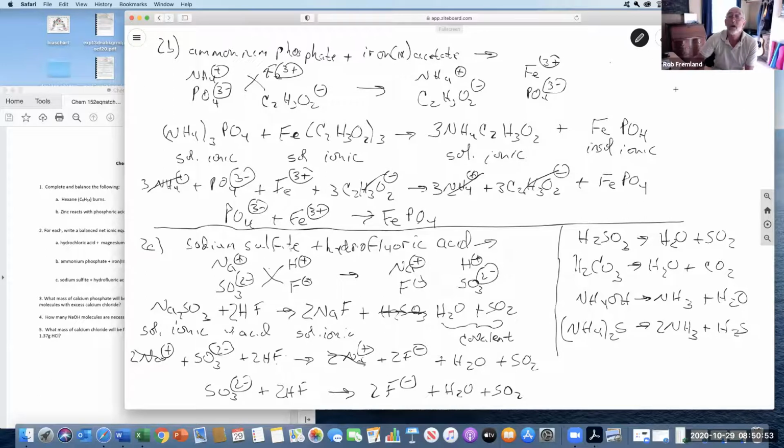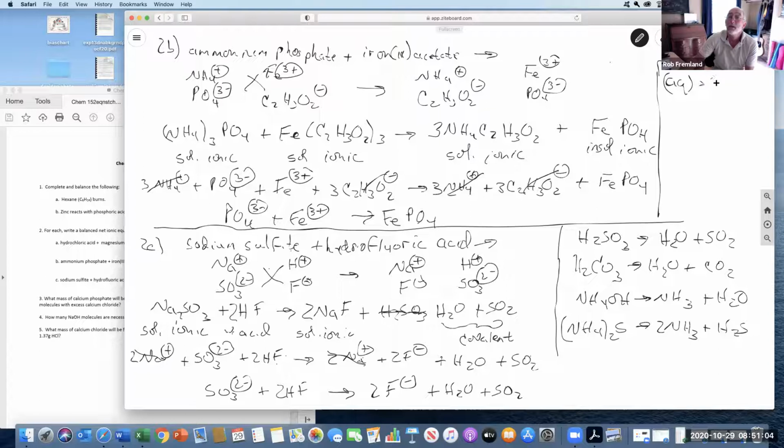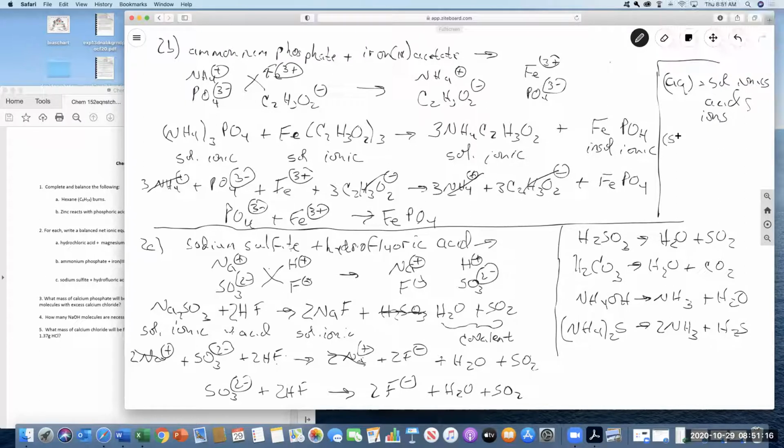For state labels, yeah, for the net ionic, aqueous will be soluble ionics, acids, and then uncombined ions. So all of the ions would be aqueous. Solids are going to be insoluble substances.